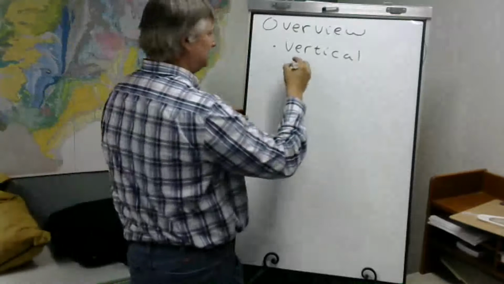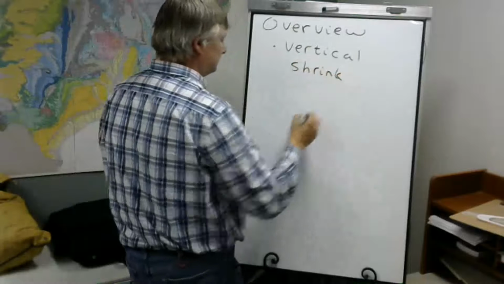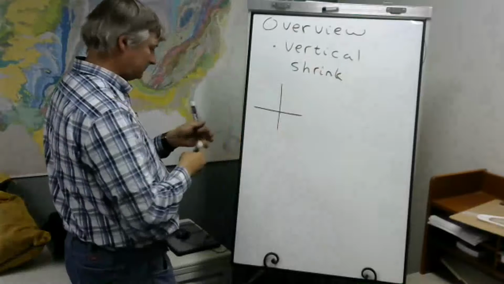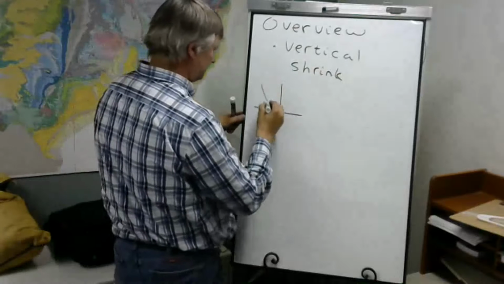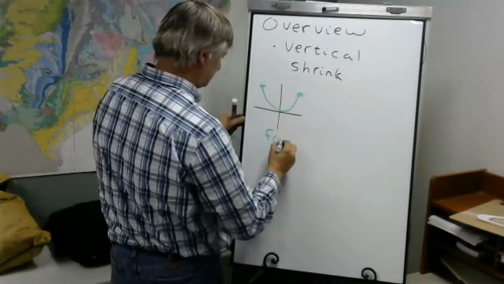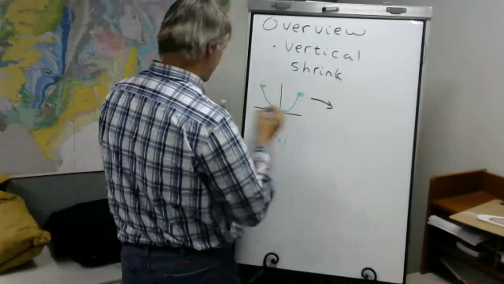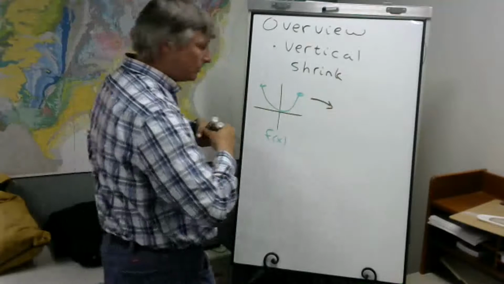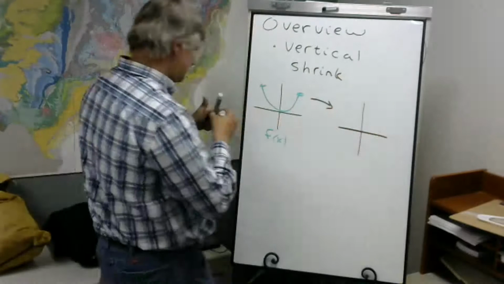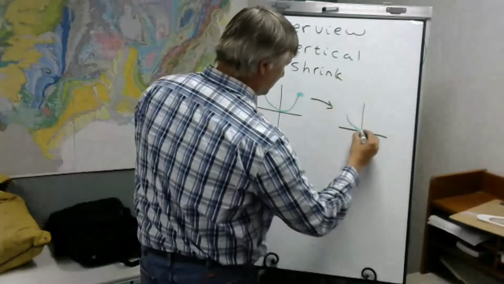Vertical shrink. Again, we're going to multiply by c, except this time shrink it down vertically.